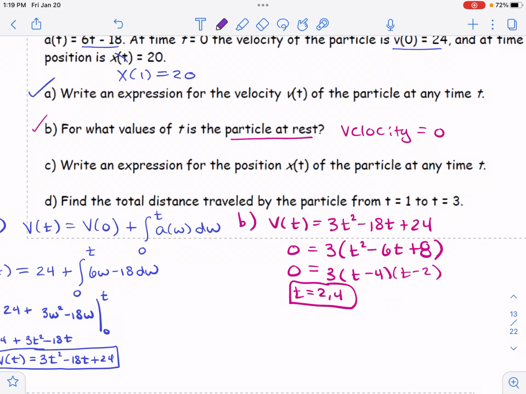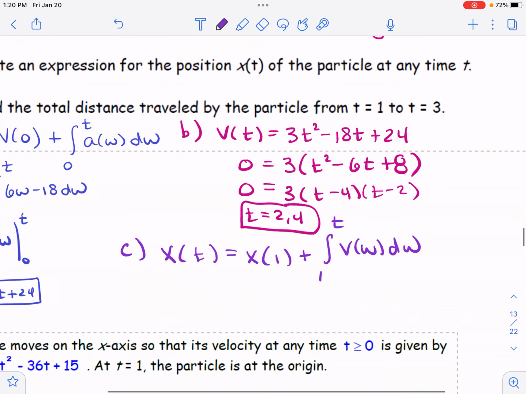Part C says, write an expression for the position of the particle at any time t. So your position at any time t is your position at the beginning of the situation. Now notice, for the initial condition they gave us, it's at time 1. So it's my position at time 1, plus how my position changes from 1 to whenever. And then I have my velocity function here. And in a similar fashion, let's get something concrete here.